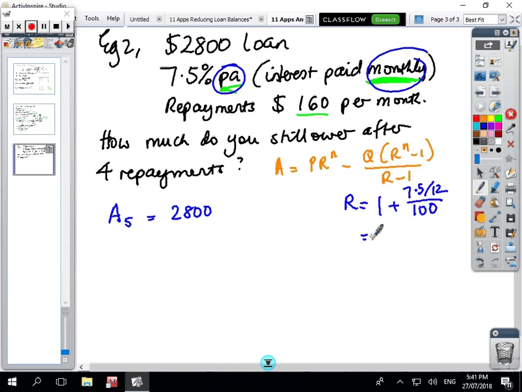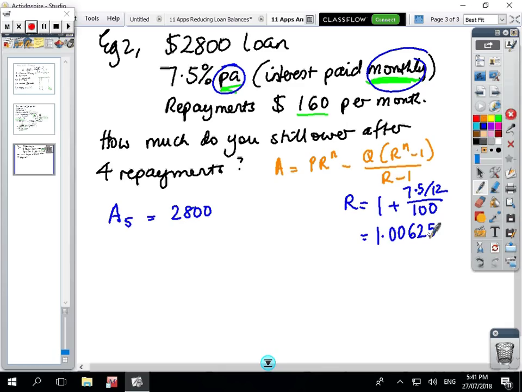On the calculator, 1 plus 7.5 divided by 12 divided by 100, and I'm going to turn it into a decimal. It's 1.00625. Lucky it decimal terminated. That was a nice one to do.